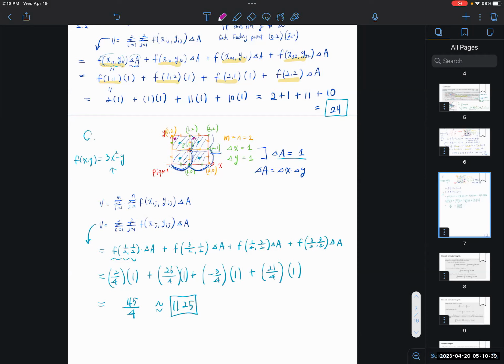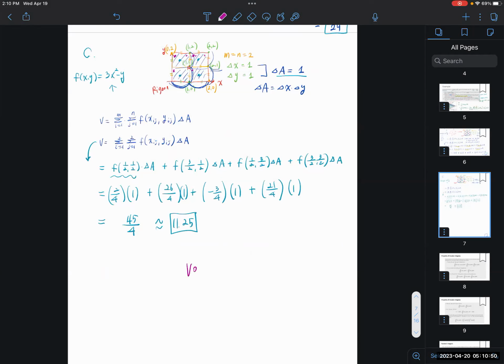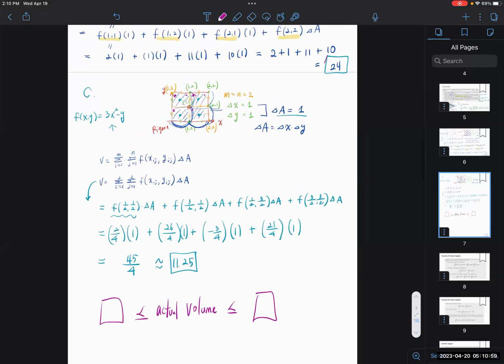It could be close to the left corner, or whatever. There are so many infinite ways you can find the volume. So at the end, the true volume, the actual volume, is going to be between some number and some number. These are possibilities. We don't know this is 100% sure, but the approximate answer can be different because of the choice of the sample points.